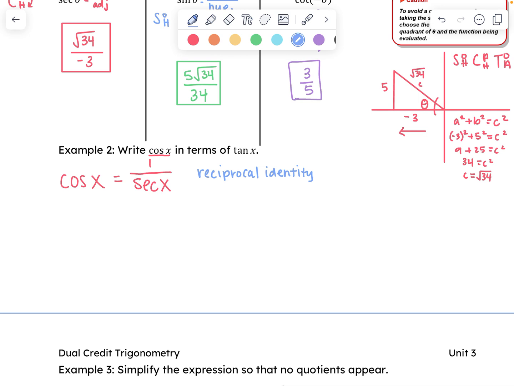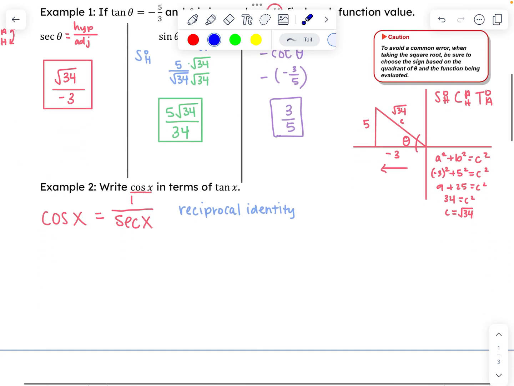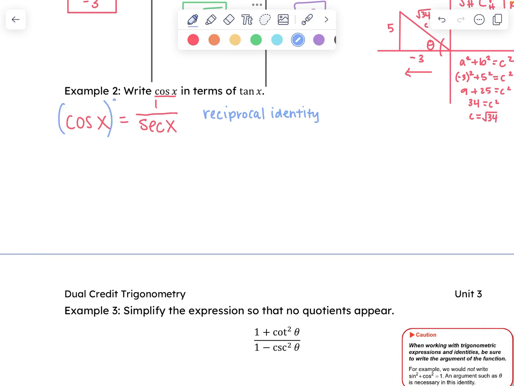But then, like I said, we're going to use that Pythagorean identity. But notice the Pythagorean identity has squares in it. So I need to square both sides. Let's square both sides.